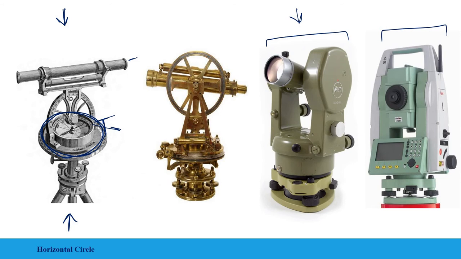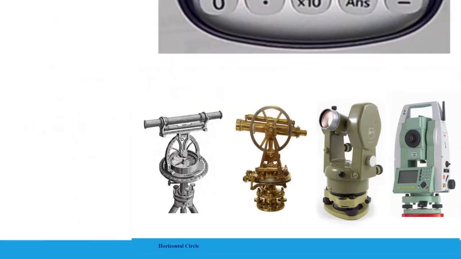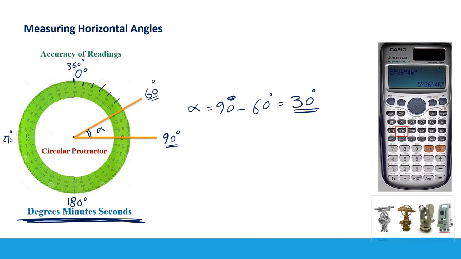So here for example, this theodolite has something inside to measure the horizontal angles, and for the total station the same principle. So theodolites and total stations apply this principle to measure the horizontal angle between any two directions to a very high level of accuracy, to a second accuracy or even sub-second accuracy.